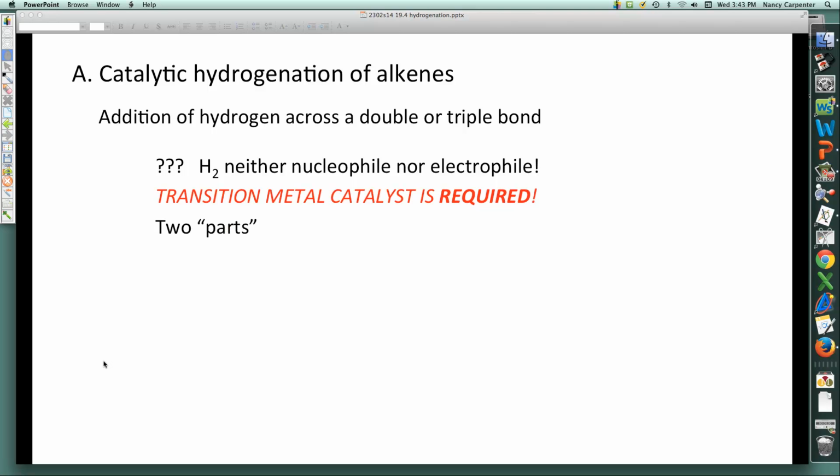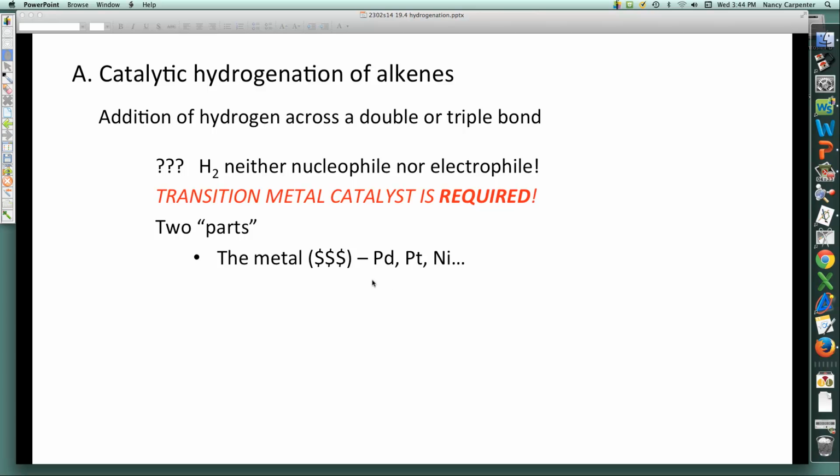So there's 2 parts to these transition metal catalysts. First of all, the metal is the key point. That's where the chemistry happens. So the unfortunate problem is these transition metal catalysts are pretty dang expensive. So we need palladium, platinum, nickel. Palladium's far and away the best.